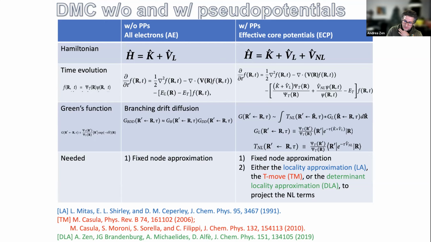The other possibility, introduced in 2005, is the T-move. And more recently, we suggested yet a different approach, which is to localize using only the determinant part of the wave function and not the Jastrow, because in this way, if we obtain the determinant from deterministic methods, we are not affected by the optimization noise of the Jastrow.